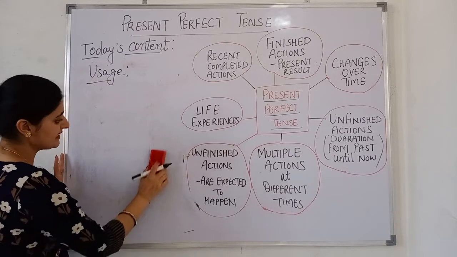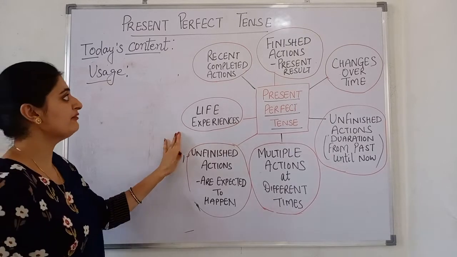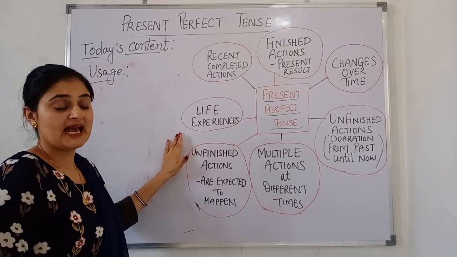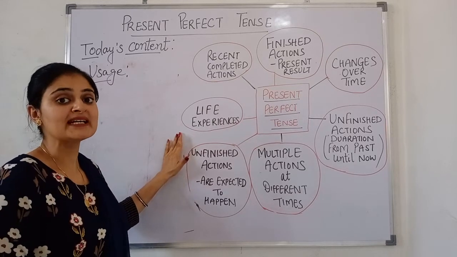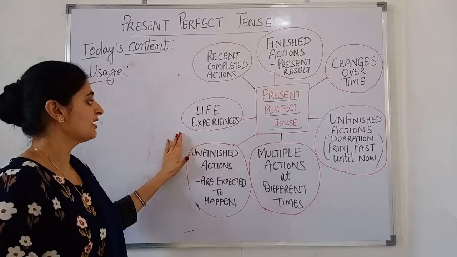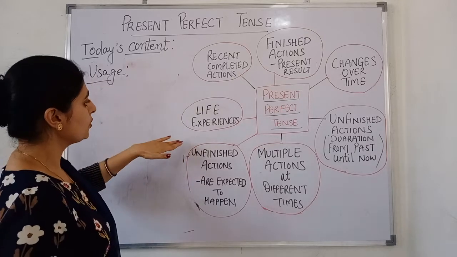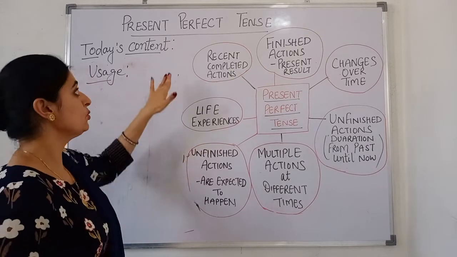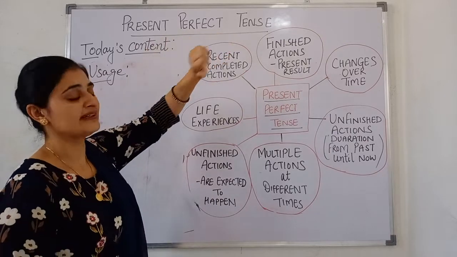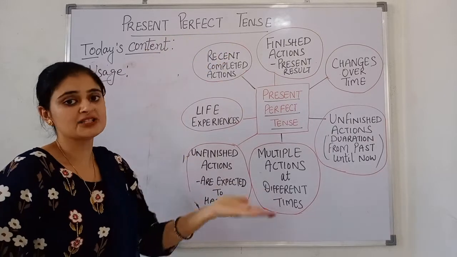Now come to the next use, that is life experiences. As we all gained some experiences in the past, to depict those life experiences we use present perfect tense. Or someone asks you a question.